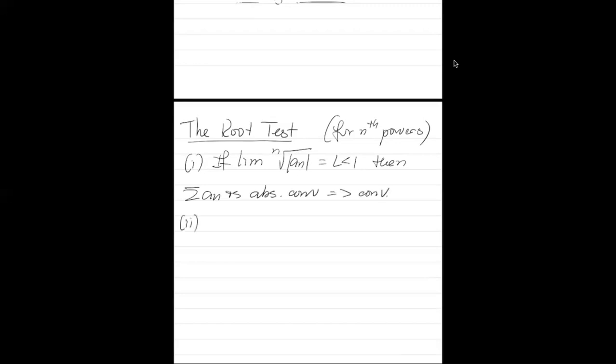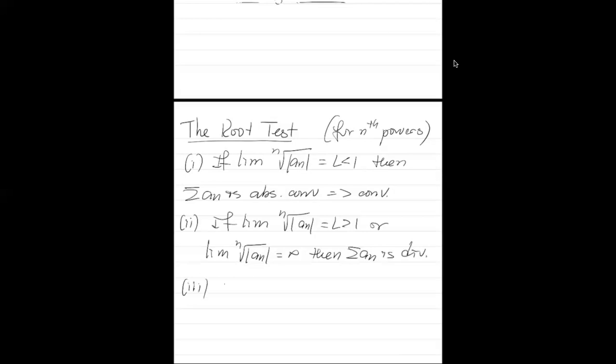Second case, if the limit of the nth root of the absolute value of the nth term is some number L greater than 1, or that limit is infinity, then our series is divergent.